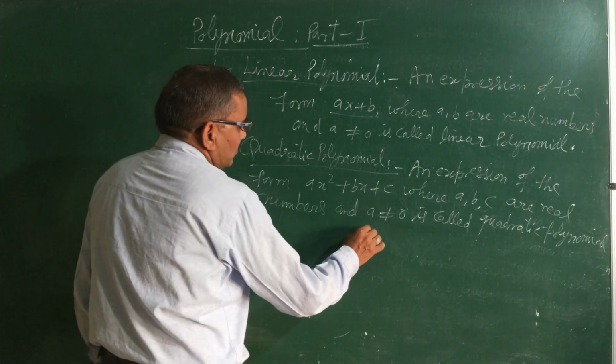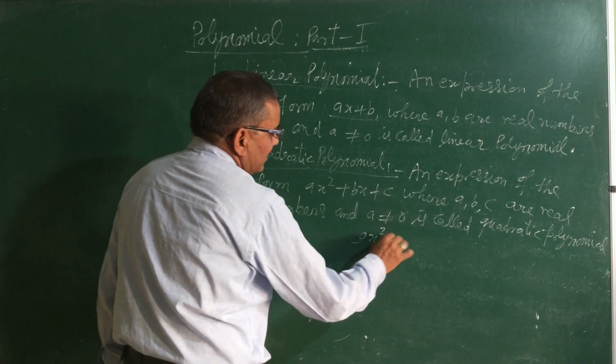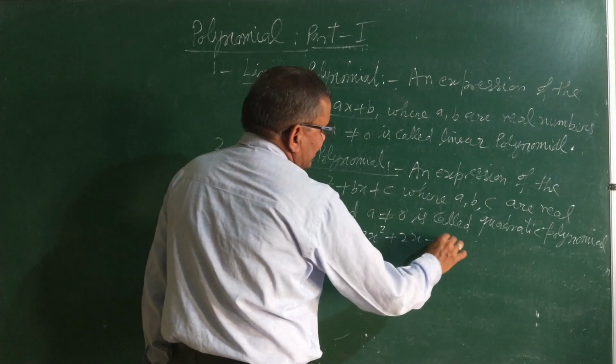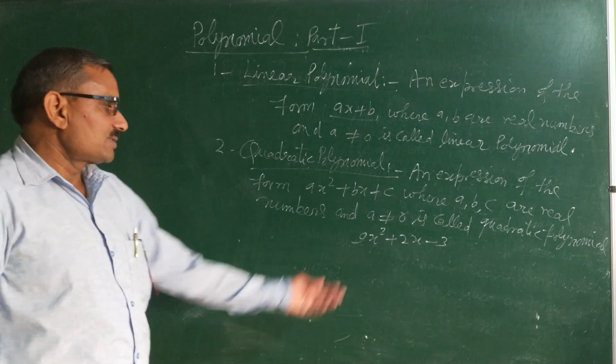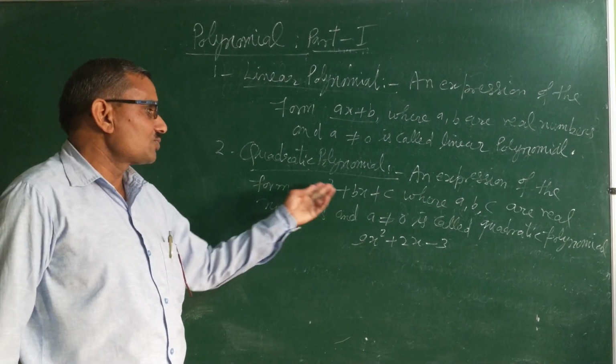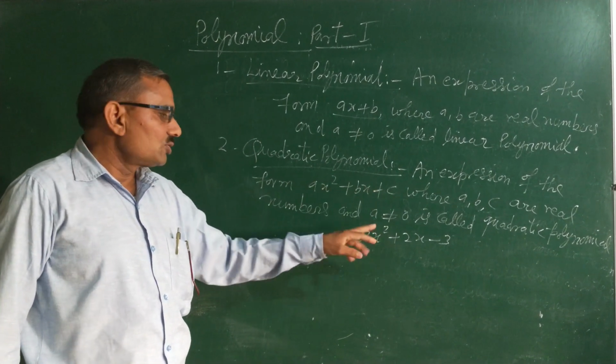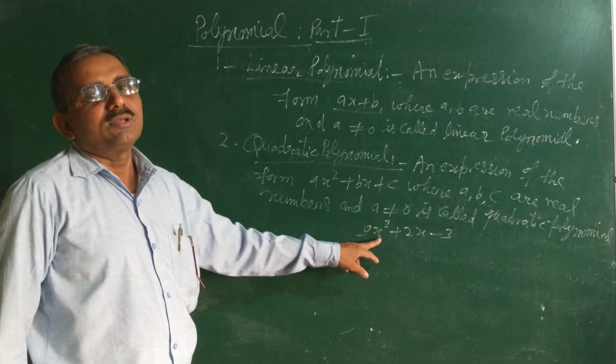Example, suppose 9x square plus 2x minus 3. This expression is just in the form of ax square plus bx plus c. So this one is a quadratic polynomial.